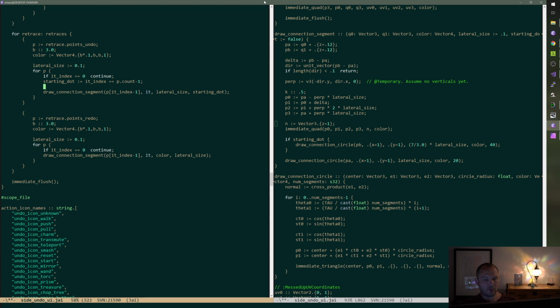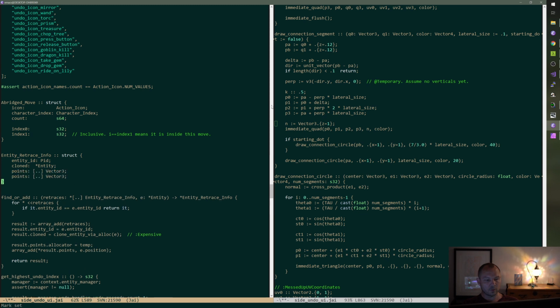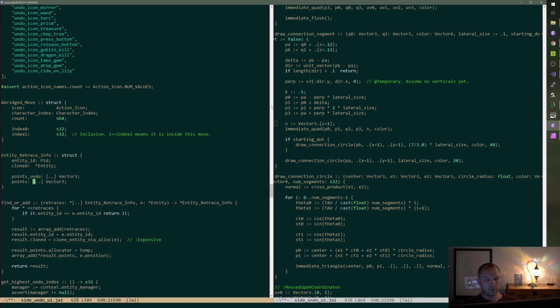So I'm just making this a little more general. We can pass color. We can give it different sizes. And we're going to have an option for an ending arrow. All right, so I'm going to go points undo and redo.